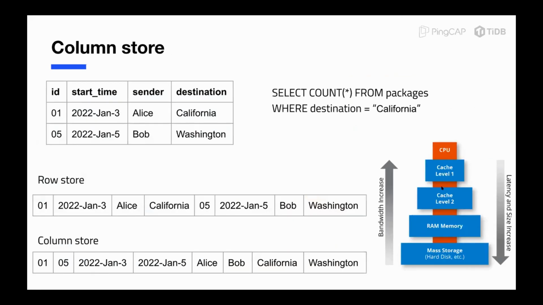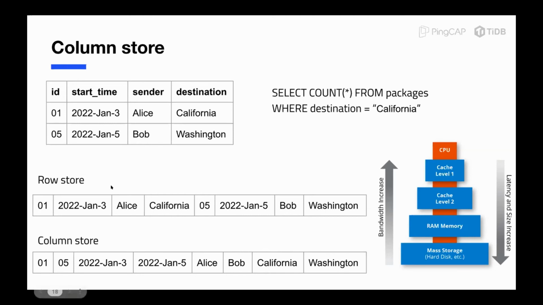Okay, on this page, I'm going to explain why a column store sometimes helps. So I have a working example here, to try to give you intuition about why a column store helps. So here's a table: ID, time, sender, destination. And we have a query here trying to find out the number of packages sent to California.